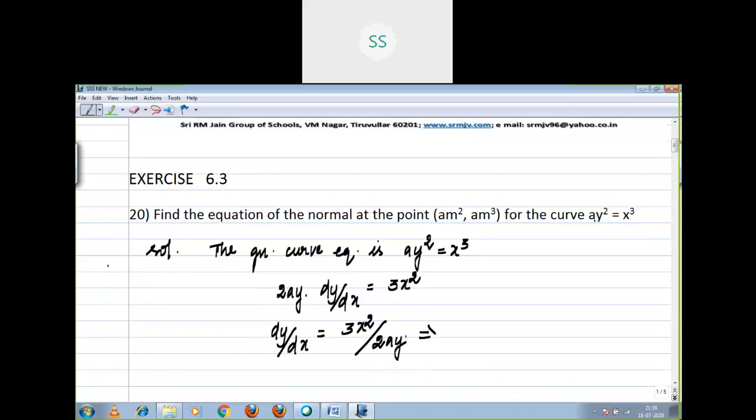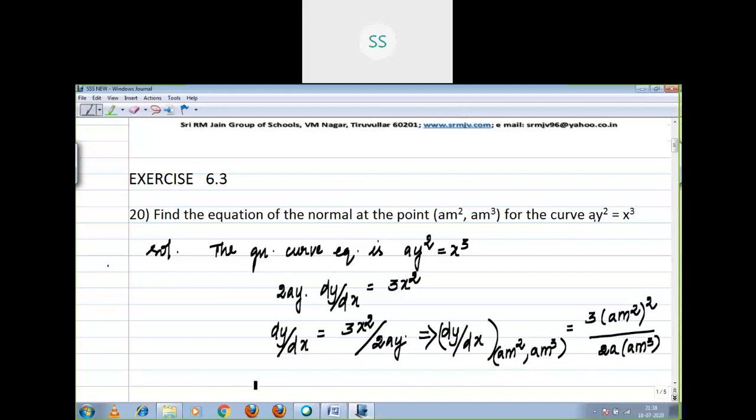Now dy/dx at (am², am³). So your coordinates: x should be replaced by am², y should be replaced by am³. That is equal to 3(am²)² divided by 2a(am³), which is dy/dx = 3a²m⁴ divided by 2a²m³. Here a² cancels, and m³ with m⁴ leaves m.